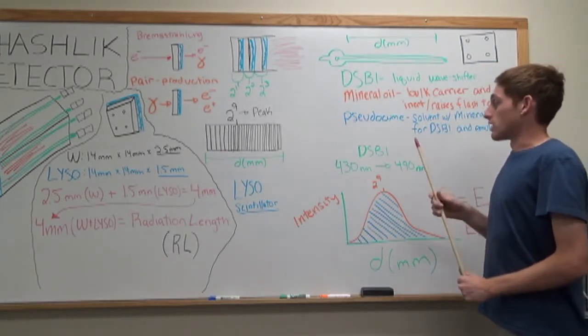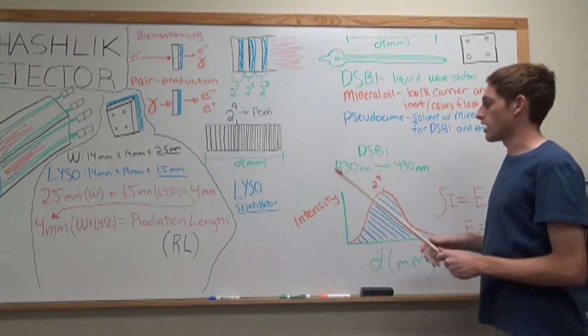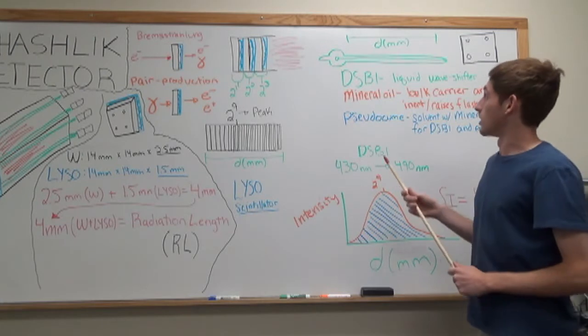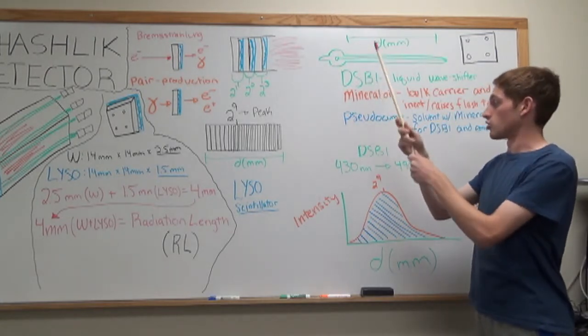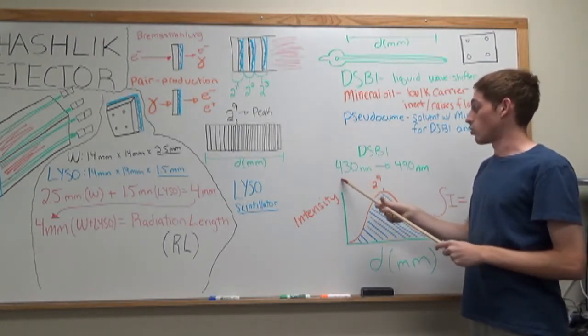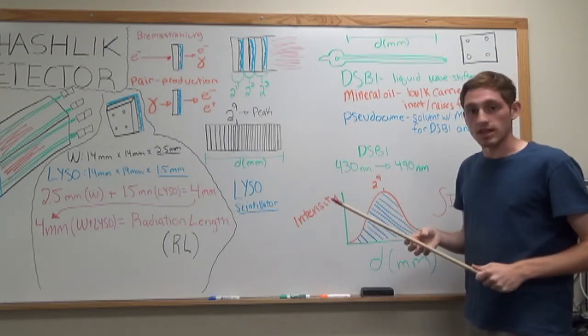The DSB1 is a liquid wave shifter, like I just said. It can take a wavelength of light from the lyso crystal, and when this light comes through the capillary tube and connects with the DSB1, it'll be around 430 nanometers, but it's never exact.